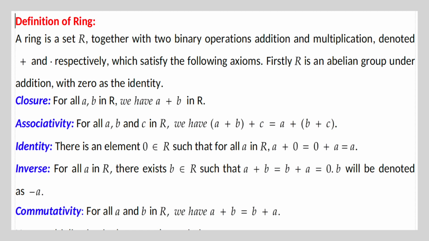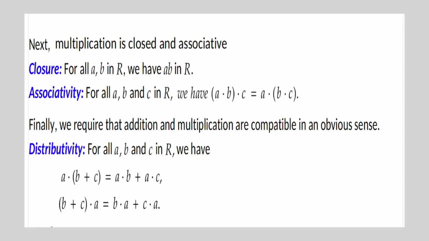Inverse. For all a in R, there exists b belonging to R such that a + b = b + a = 0. b will be denoted as minus a. Commutativity. For all a and b in R, we have a + b = b + a. Next, multiplication is closed and associative.